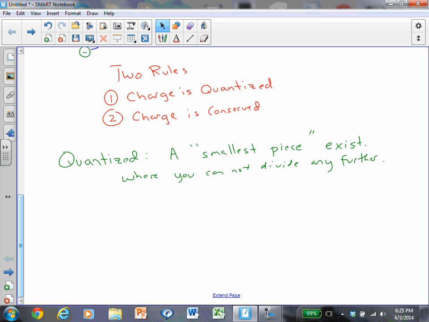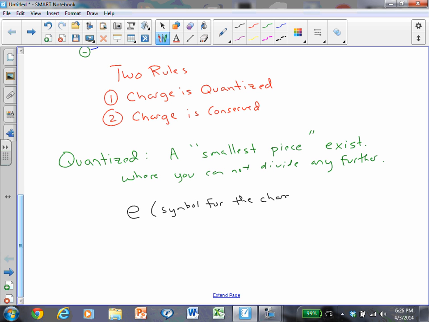The smallest piece, for our purposes, is the charge on the electron, which is identical in magnitude to the charge on a proton, just opposite charge. We're going to denote this as E, okay? The symbol for the charge of 1 electron.